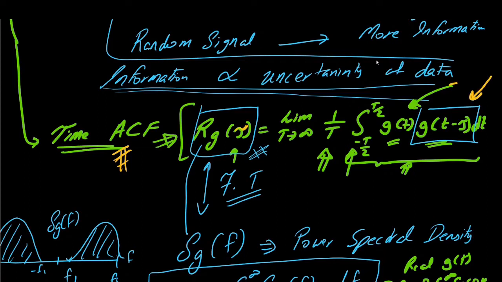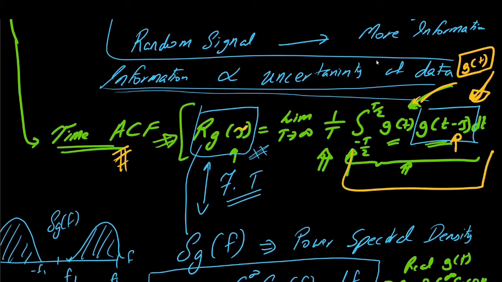That is, we have this signal g of t, which is random, and we take the delayed version of this signal, and then we find the similarity by means of this integration, and then we average it out to find the autocorrelation function. So from this time autocorrelation function we can then find the power spectral density. Now let us move towards the example.